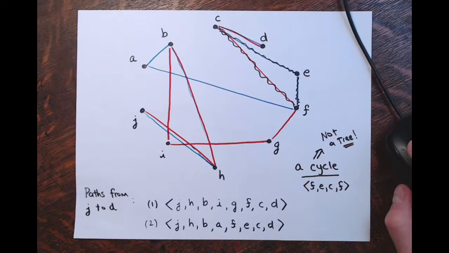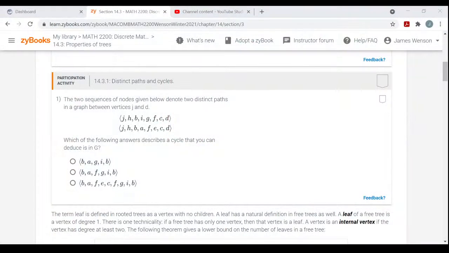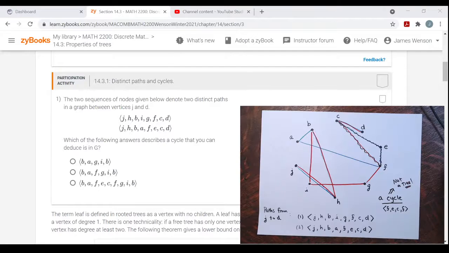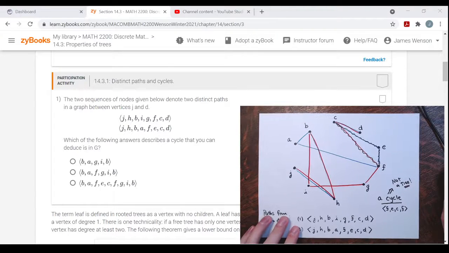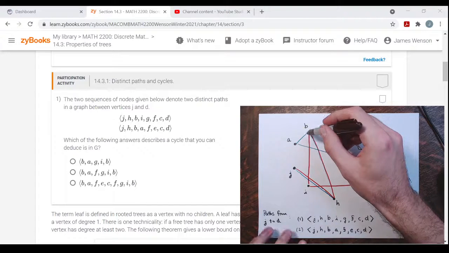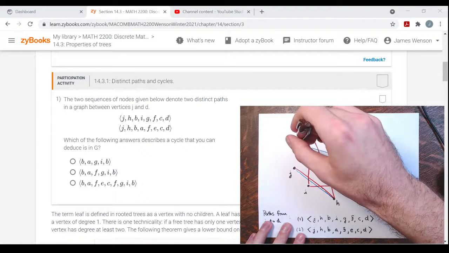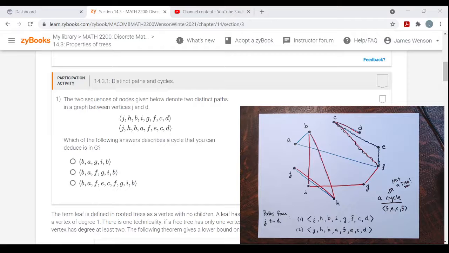All right, now let's look at the options they gave us. How about B to A to G to I to B? All right, so I'll pull up my paper here. Hopefully you can see the paper. B to A. Now there's no A to G that I can deduce, so that's not it.